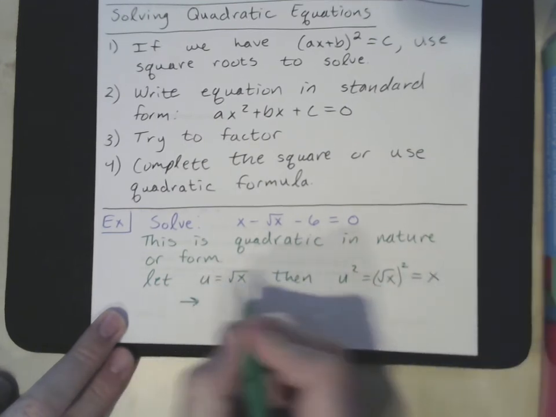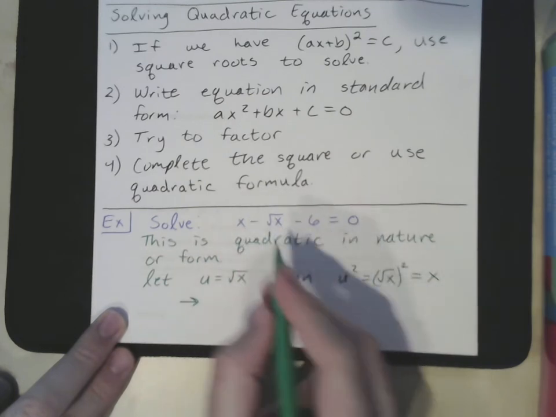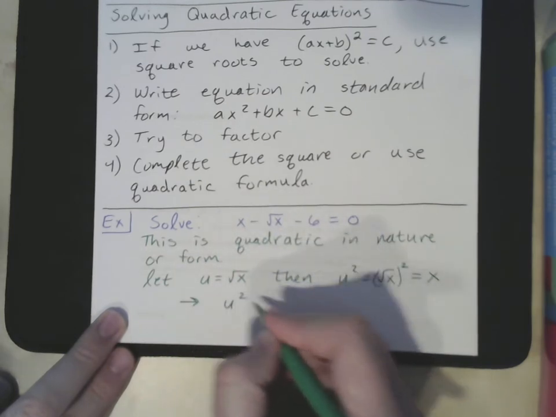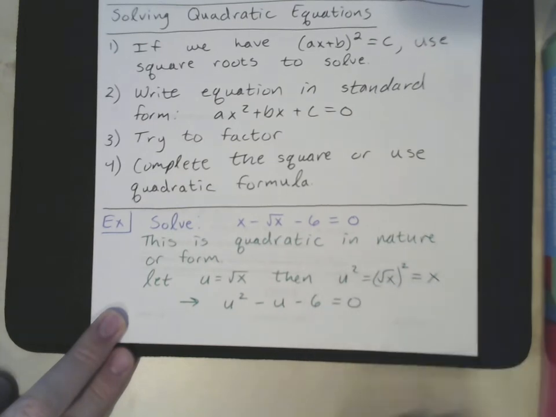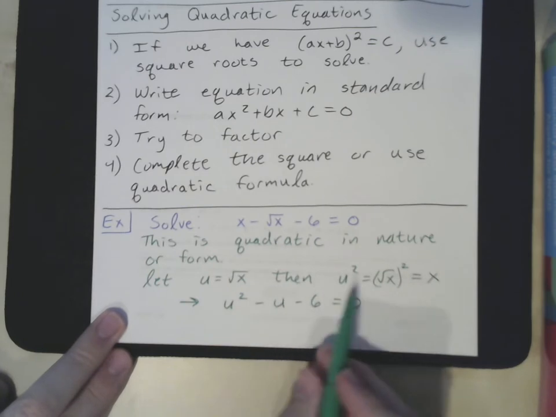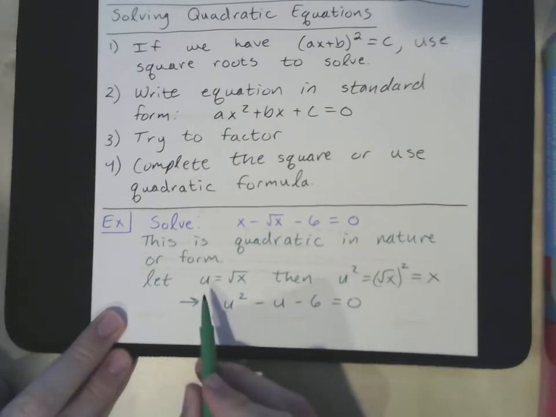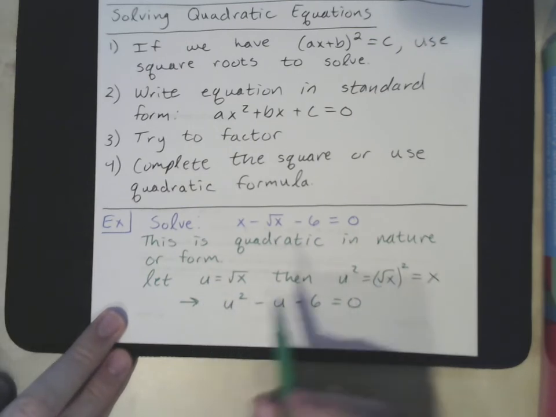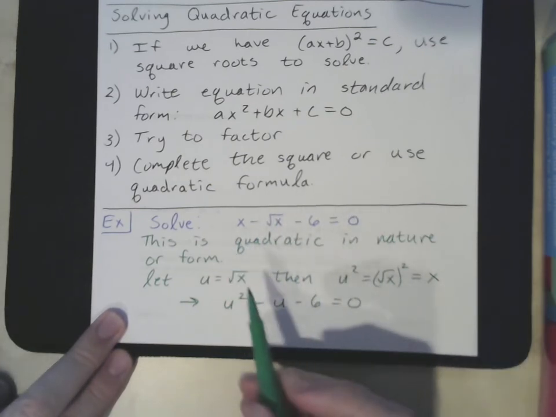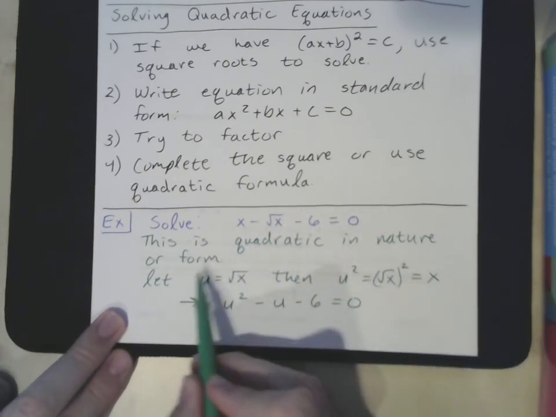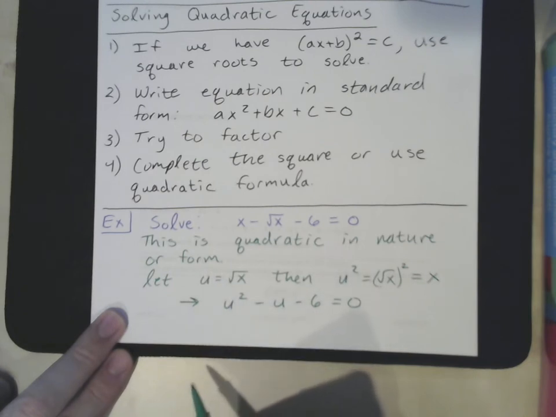And if we make these substitutions, our old equation becomes u squared minus u minus 6 equals 0. And so this is quadratic in u, but x is not quadratic. The original equation is not a quadratic equation. There's no x squared anywhere. But it does behave as a quadratic function, u squared minus u minus 6.